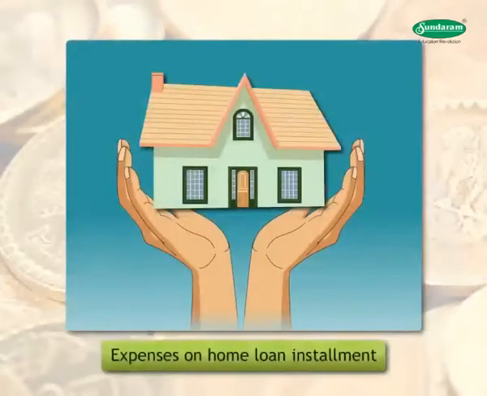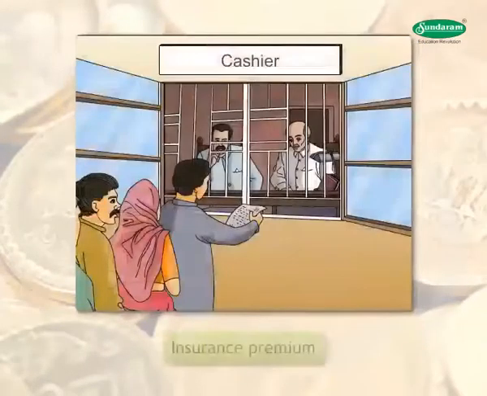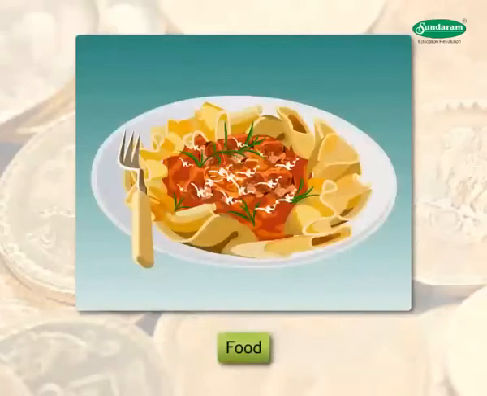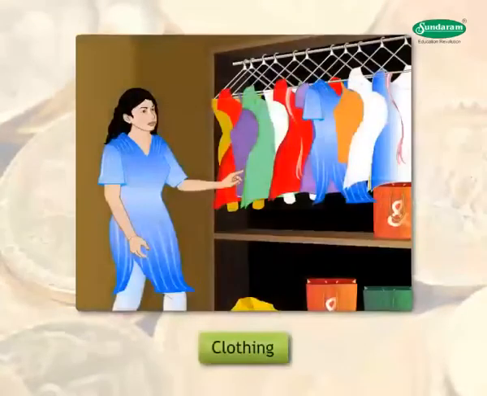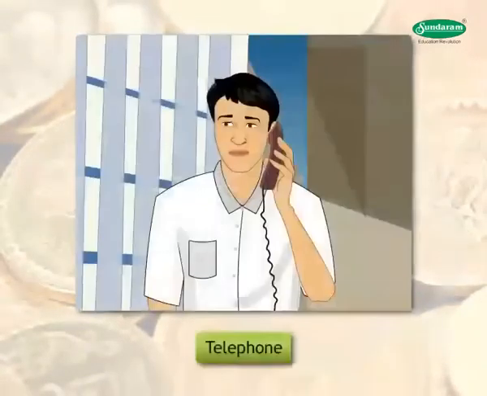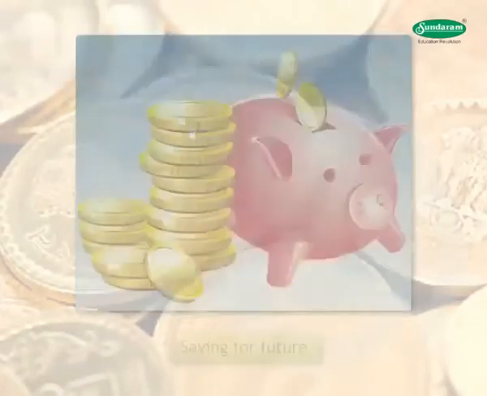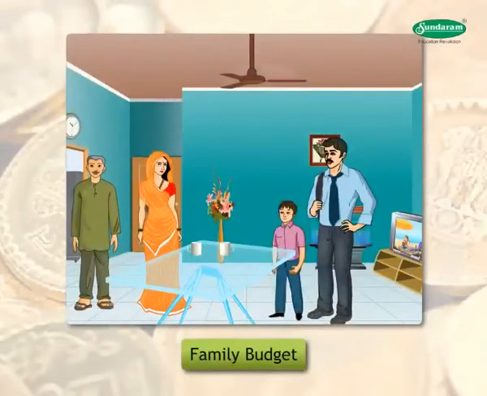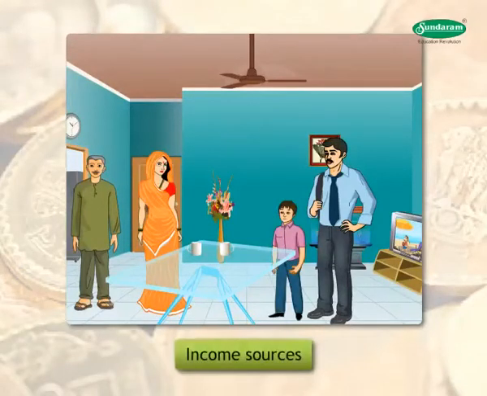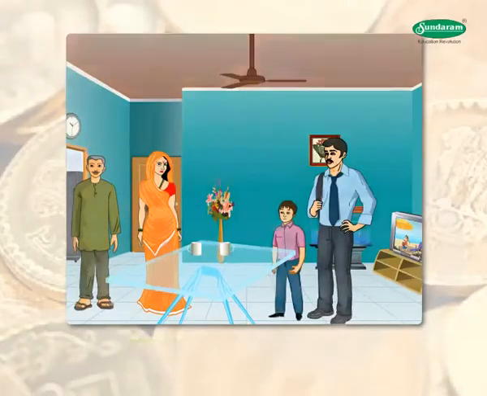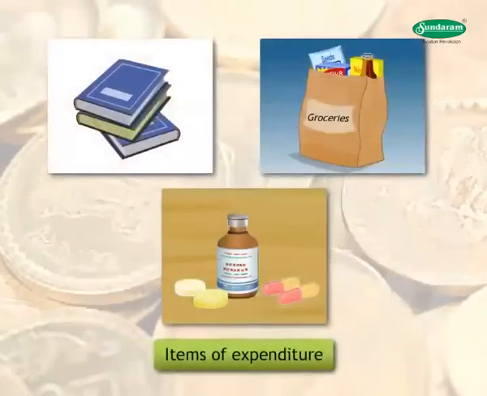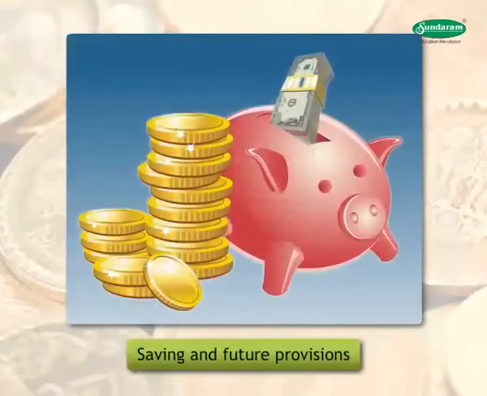Example, expenses on home loan installment, education, insurance premium, food, groceries, clothing, electricity, telephone, traveling, medicines, fuel, saving for future, etc. Generally, family budget depends upon income sources, number of family members, loan amount, items of expenditure, saving and future provisions, etc.